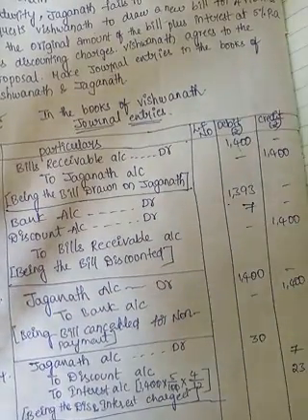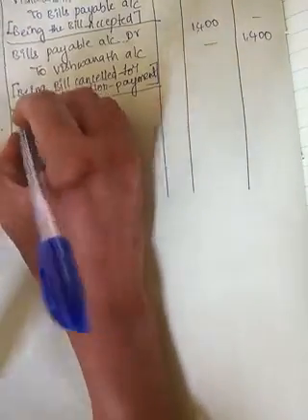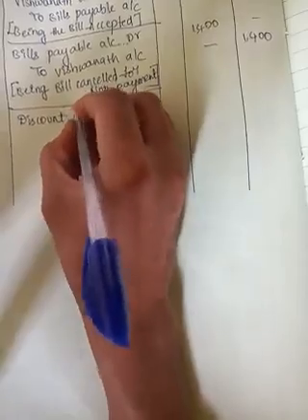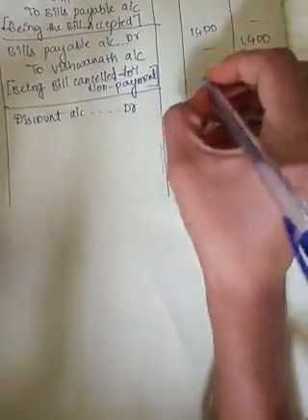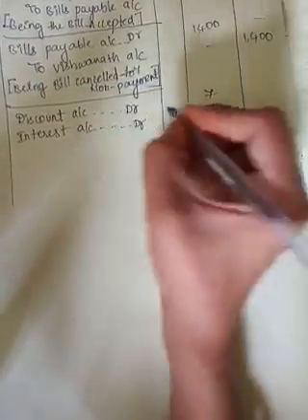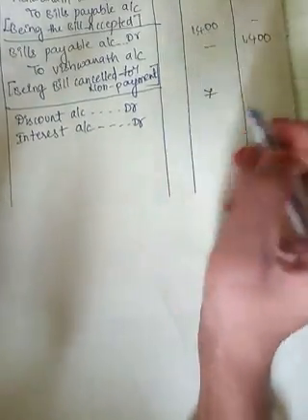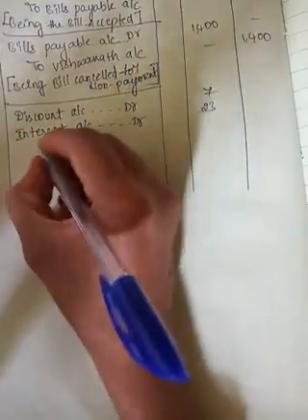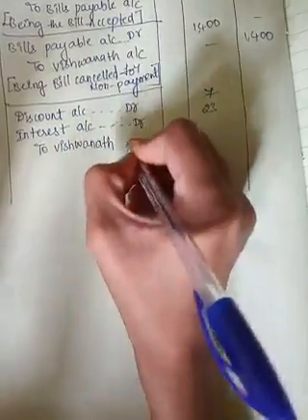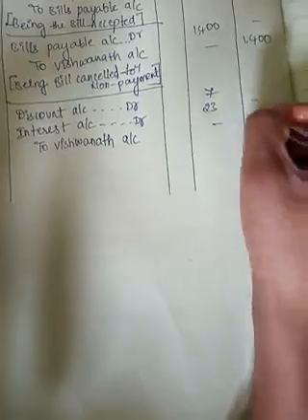Next, in the books of Jagannath: discount account debit is 7 rupees, interest account debit is 23 rupees, and to Vishwanath account is 30.